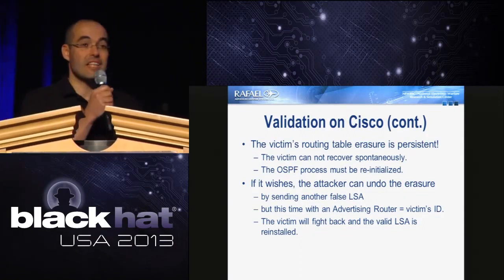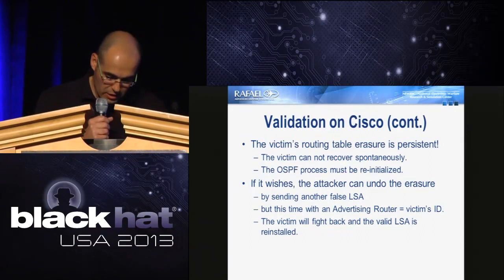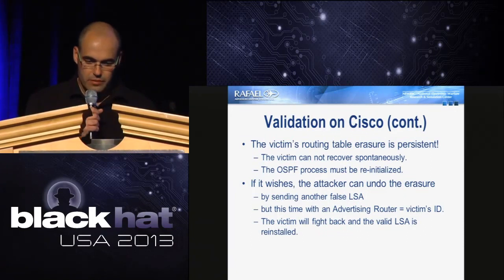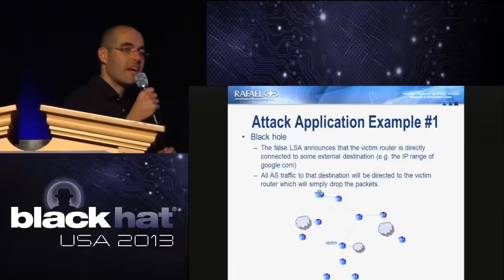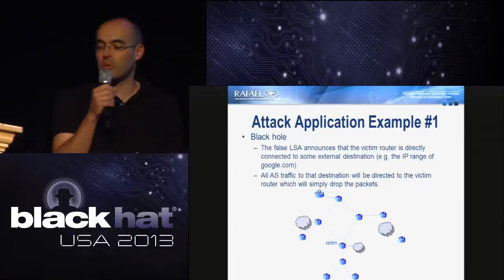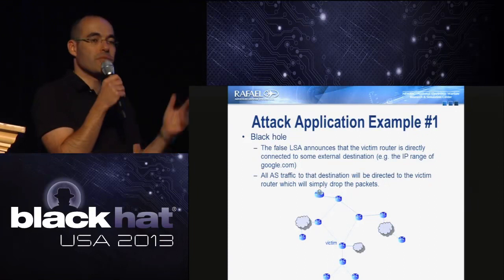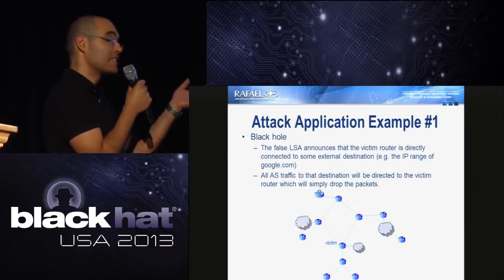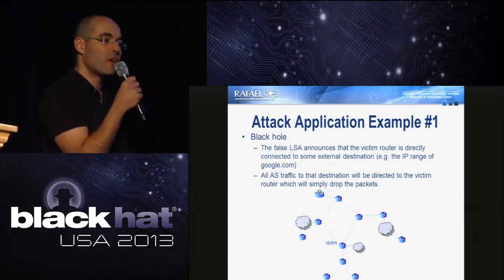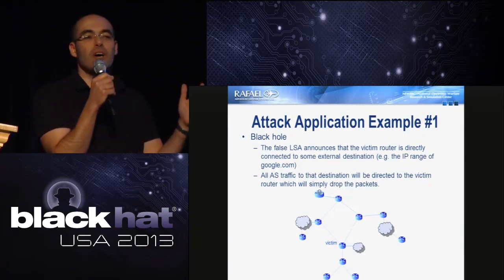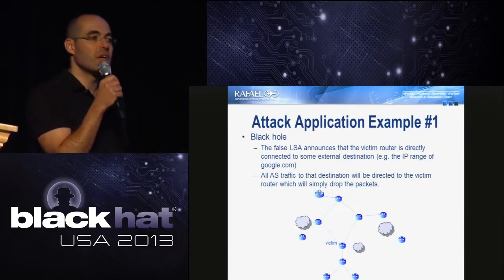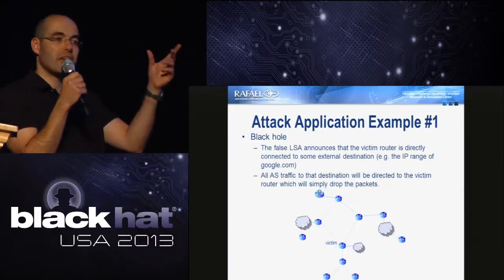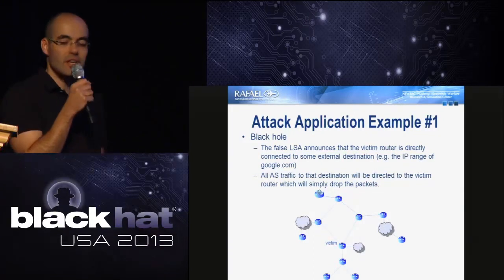Okay, so this was the validation of the Cisco router. Now to recap, let me give you two application examples of the attack. One example is a black hole. Let's say the attacker wishes to create a black hole within the autonomous system for a specific external destination.